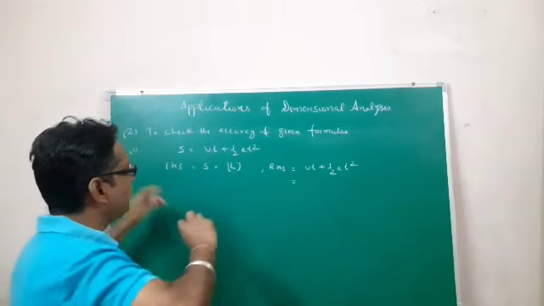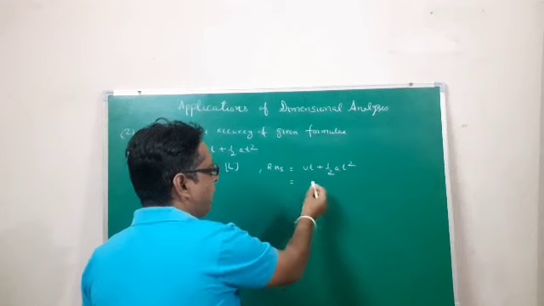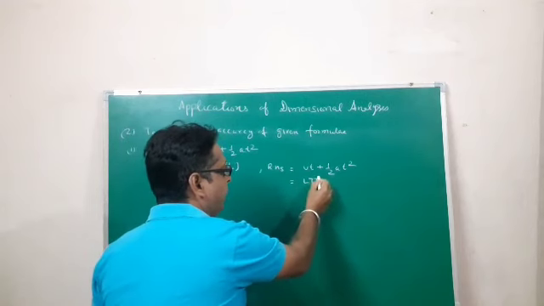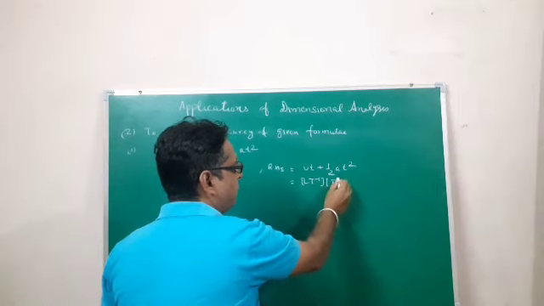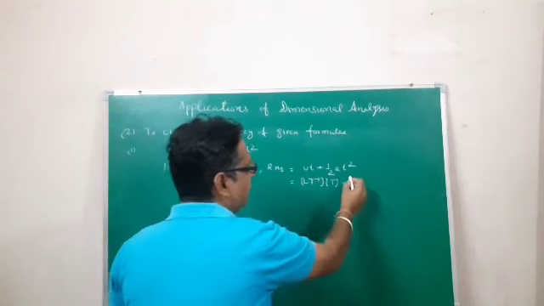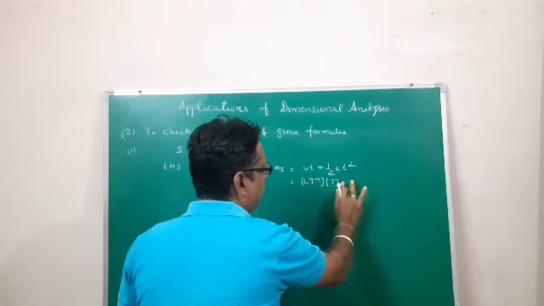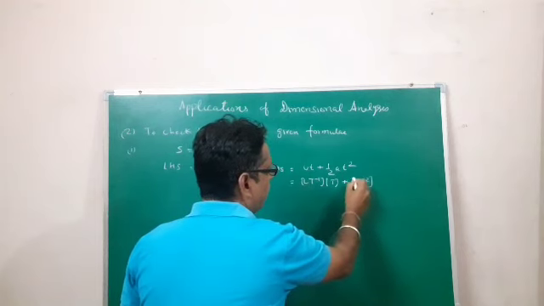So just see here, u has dimensional formula L T minus 1, right? And this is t. Further, 1 by 2 is dimensionless. The dimensional formula of acceleration is L T minus 2, right?